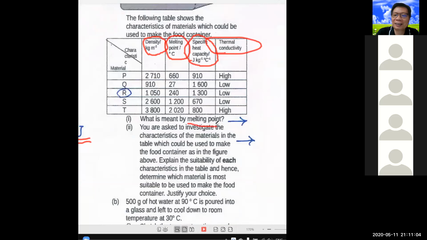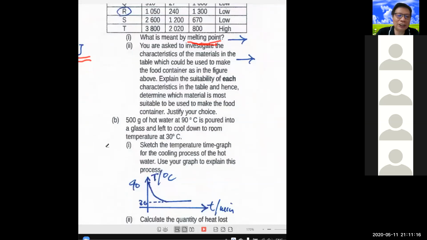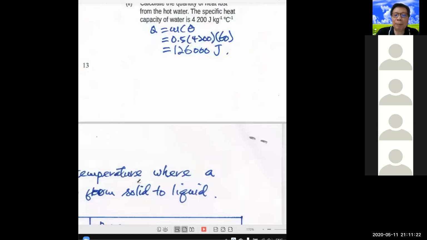The temperature that an object changes from solid state into liquid state. Yes, correct. Very good answer. It's a temperature where a material starts changing from solid to liquid.